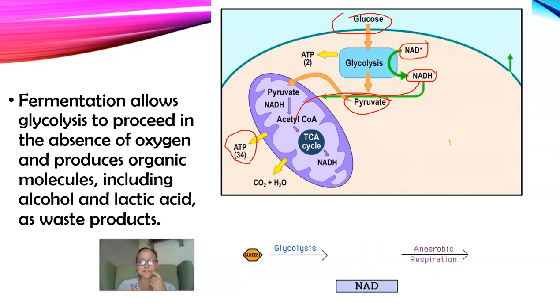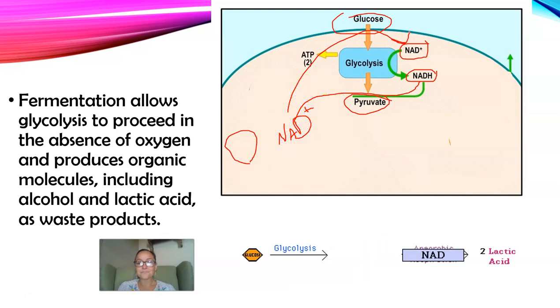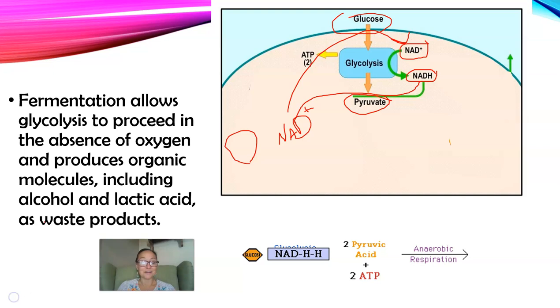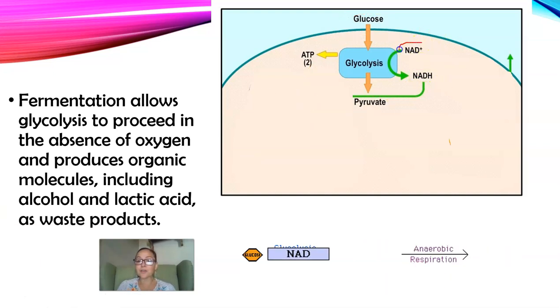However, in the electron transport chain, that NADH will be oxidized back into NAD+. So that NAD+ can be recycled and used again in glycolysis or in the Krebs cycle, etc. However, when oxygen is not present and we are in anaerobic conditions, we need to make sure that the cell does not run out of NAD+.